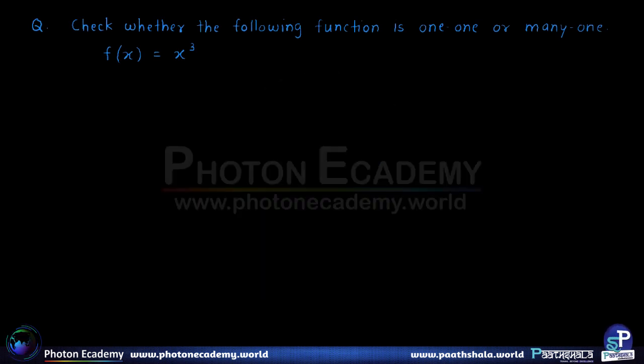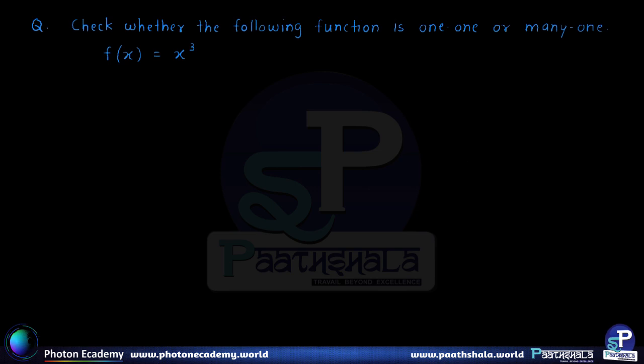So here also, since nothing is mentioned and we know that the cubic function or a polynomial function is continuous over the entire real domain, we assume here that we are talking about real numbers. Now to find out whether it is one-one or many-one, we first assume, as we have seen previously, that f of a equal to f of b, where a is not equal to b, right?